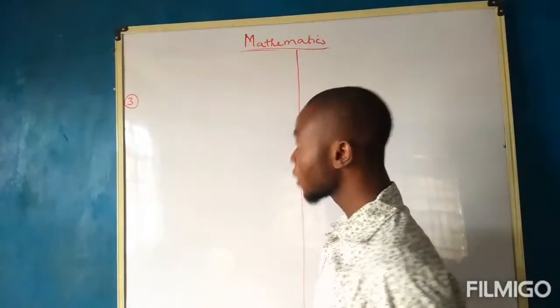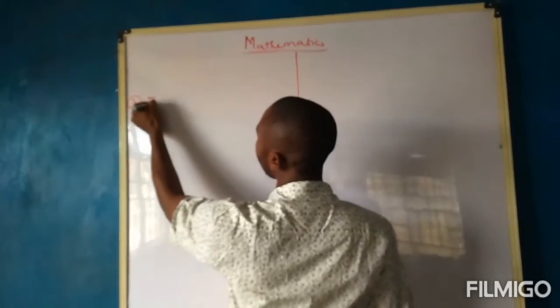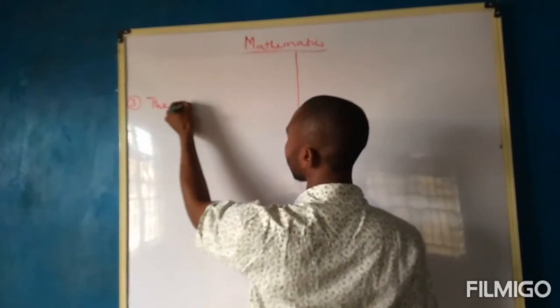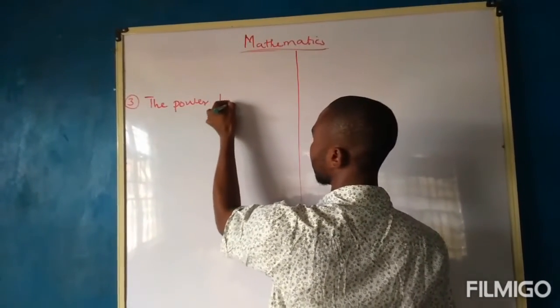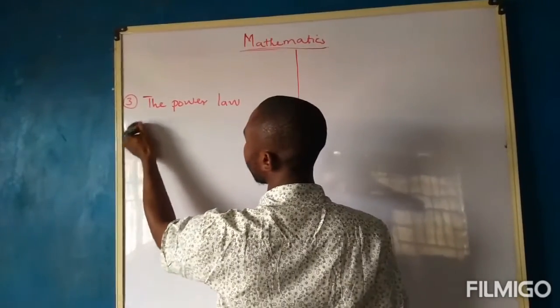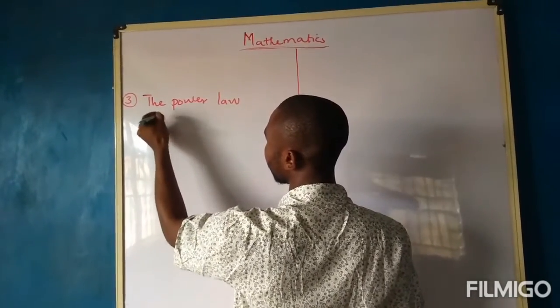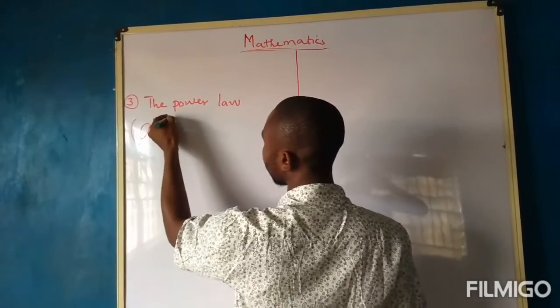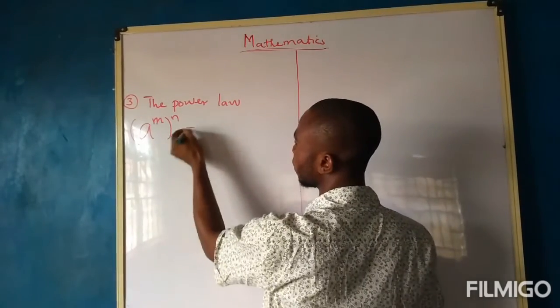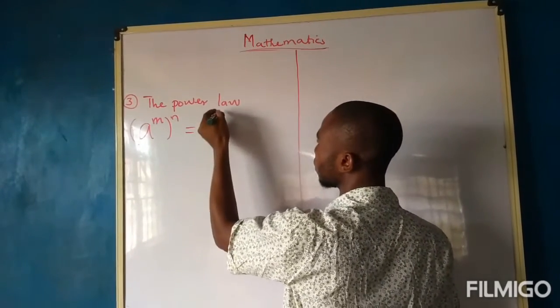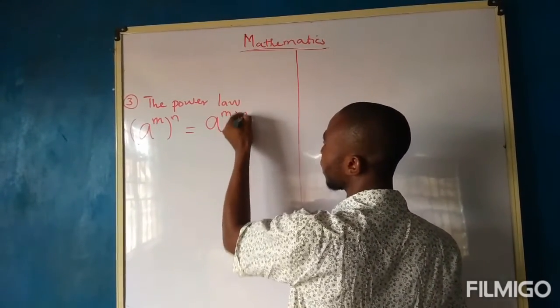The next law that we are going to look at is the power law. And it states that a raised to the power m in the bracket, raised to another power n, means a raised to the power m multiplied by n.